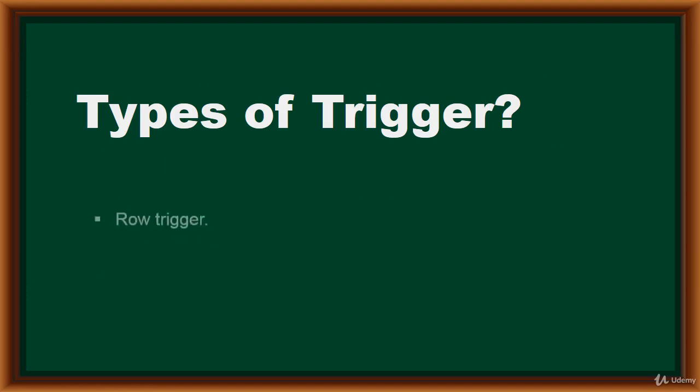There are two main types of triggers: a row-level trigger and a statement-level trigger. These are the two main triggers, those that happen at the row level and those that happen at the statement level. The difference between the two is how many times the trigger is invoked.